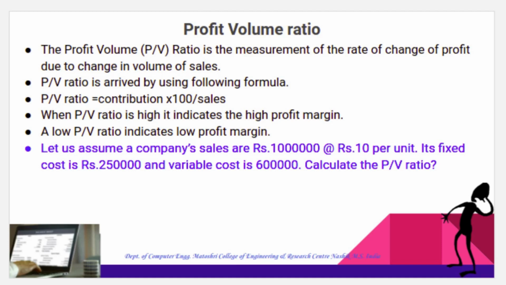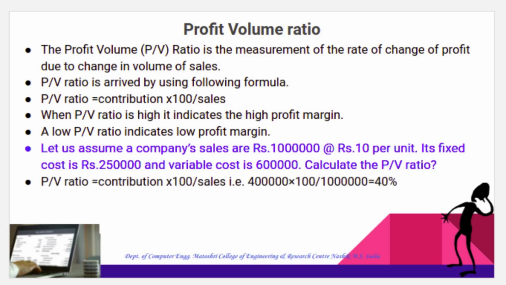How is this contribution of 4 lakhs arrived at? We know that the contribution means the difference between the sale price and the variable cost. That is 4 lakh into 100 divided by 10 lakh, that is exactly 40%.